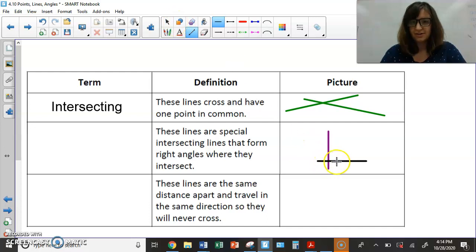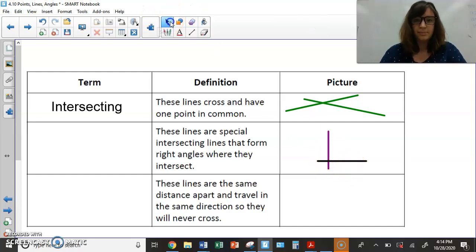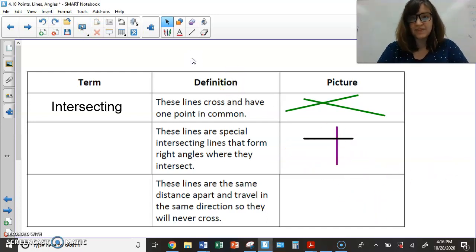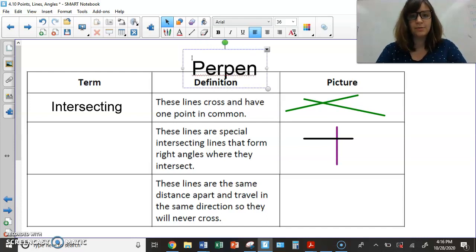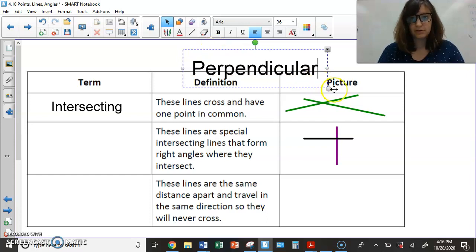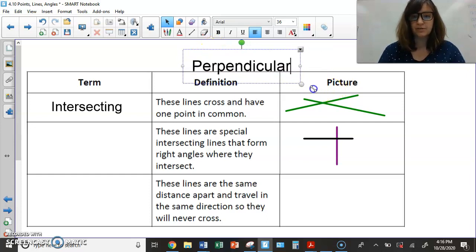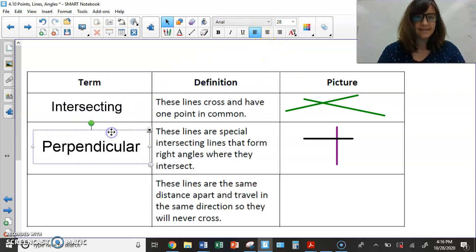So you see how it makes that L-shaped there, L-shaped there, L-shaped there, all four of these. So they could be crossed further up, right in the middle, any way, but see, they're perfect angles no matter where they cross. These lines, when they cross at right angles, are called perpendicular lines, or perpendicular line segments, or perpendicular rays, but they are called perpendicular. Okay?